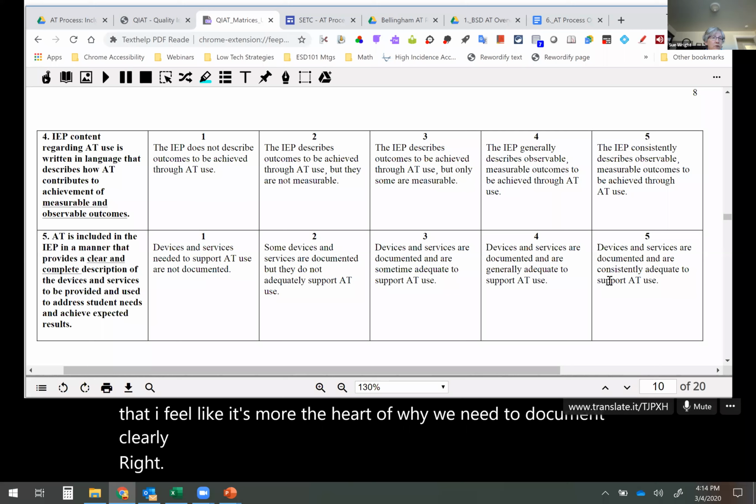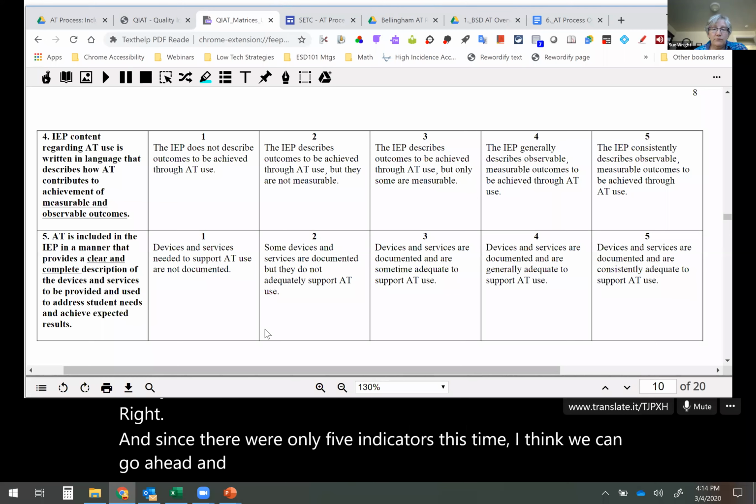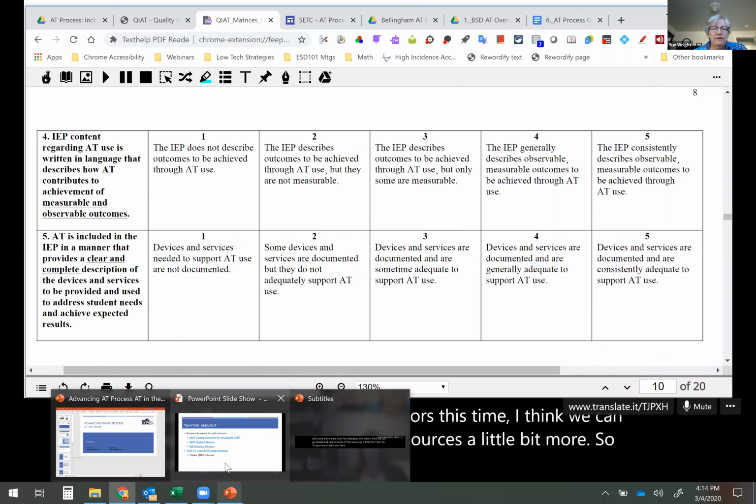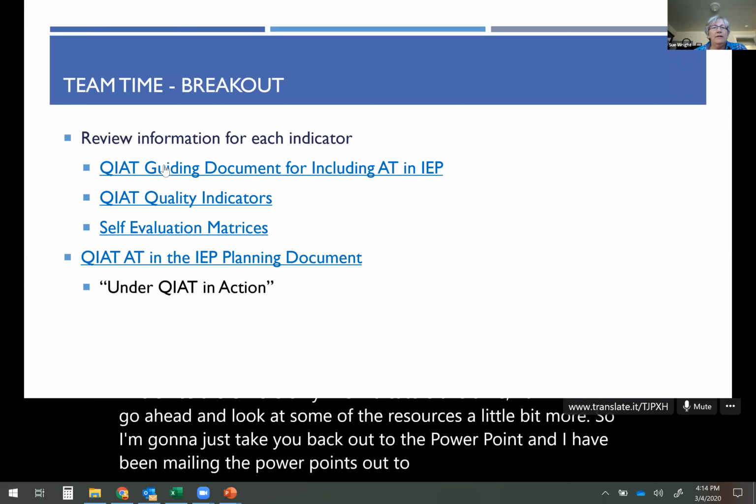And since there were only 5 indicators this time, I think we can go ahead and look at some of the resources a little bit more. So I'm going to take you back out to the PowerPoint, and I have been mailing the PowerPoints out to you. In this, I've given you the guiding document for including it.